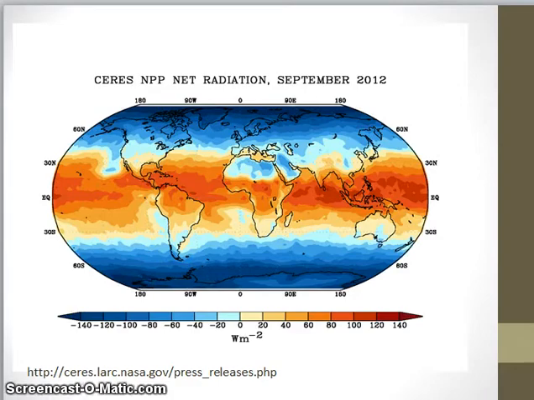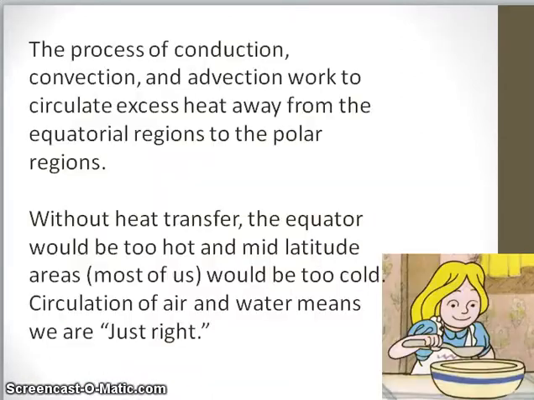What you actually see when you look at the net radiation is that it is not completely linear. Yes, there is a lot more heat along the tropics, a lot cooler in general on either side, but because of ocean currents, because of conduction and convection and advection, they work together to take that excess surplus heat away from the equator and move it poleward.